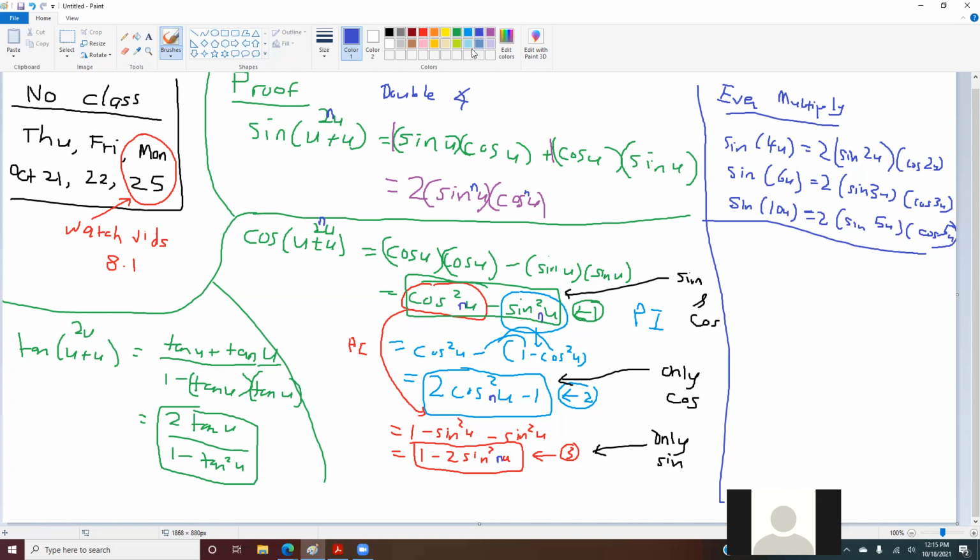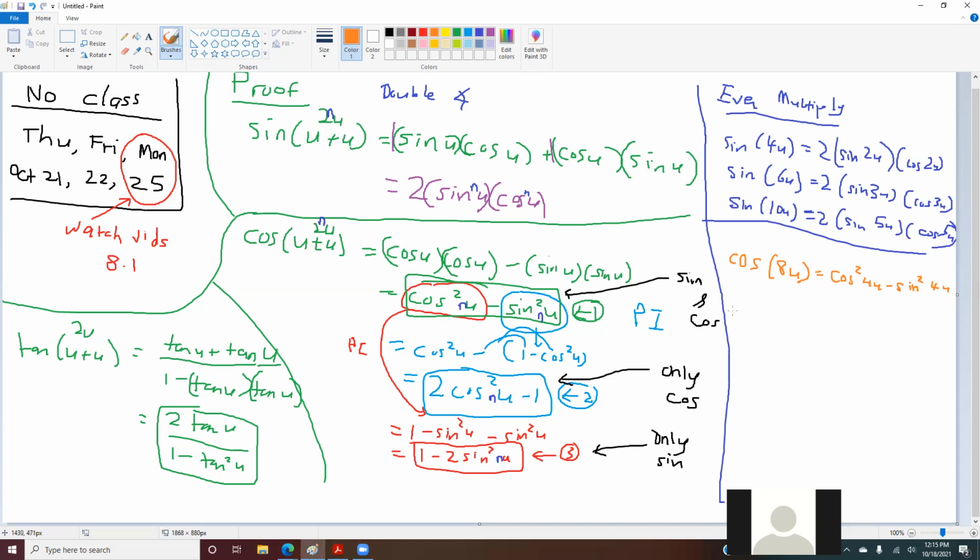I'll give you a quick example here. If you have to find what is cosine of 8u, anyone know what is half of 8? 4, right? So if you want to use the first formula, then it will be cosine square 4u minus sine square 4u.